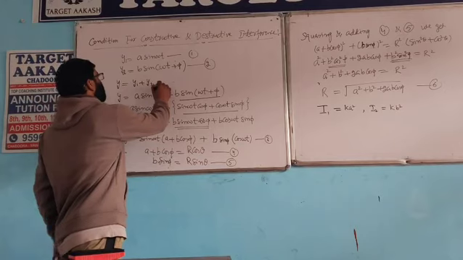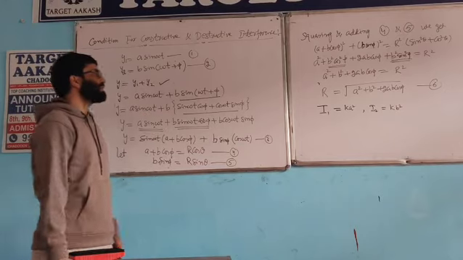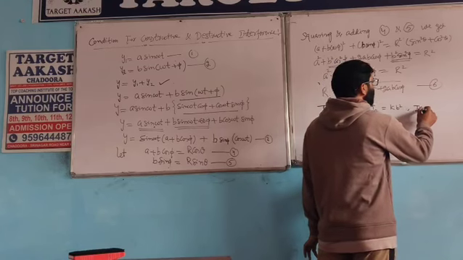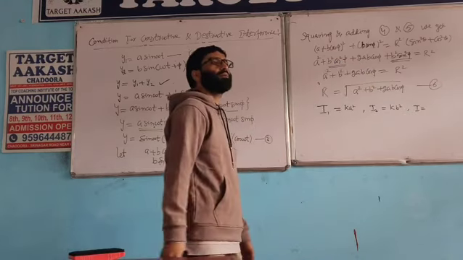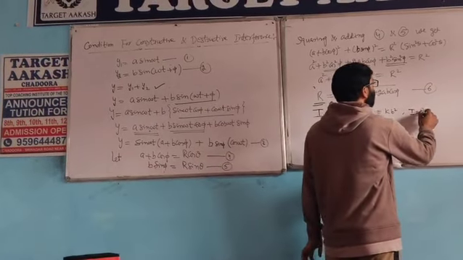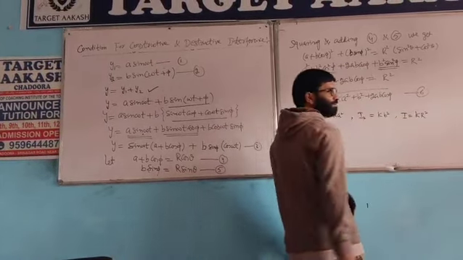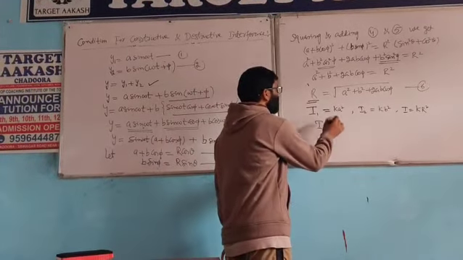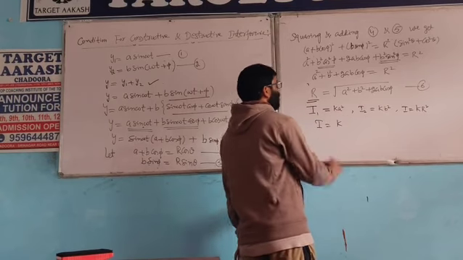Now we are interested in the intensity of the resultant wave. If I denote the intensity of the resultant wave as I, it is proportional to the square of its amplitude R, so you can write K R squared.